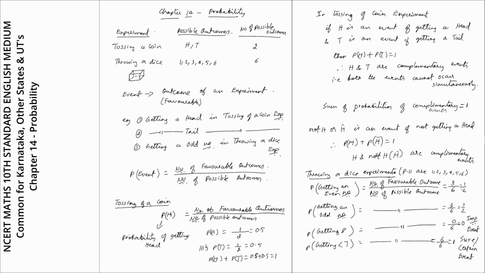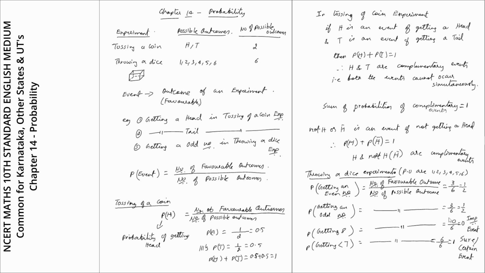And what is the number of favorable outcomes? We need even numbers. 2, 4 and 6 are the even numbers. Therefore there are 3 even numbers. So 3 by 6 gives 1 by 2. So 1 by 2 is the probability of getting an even number in a dice throwing experiment.